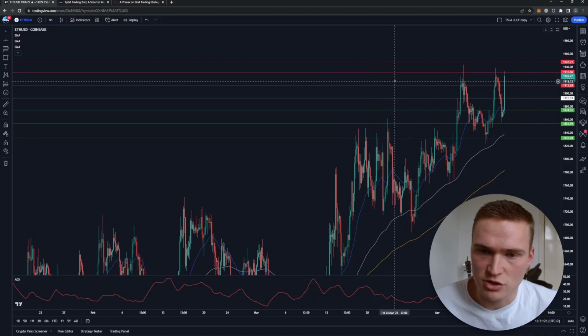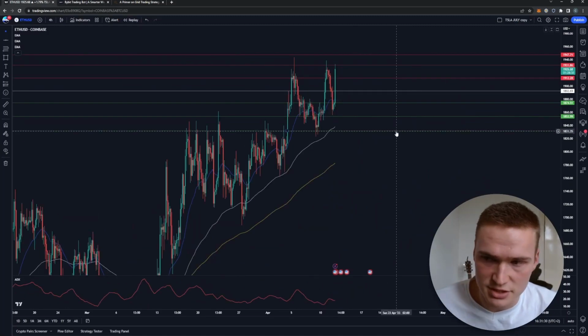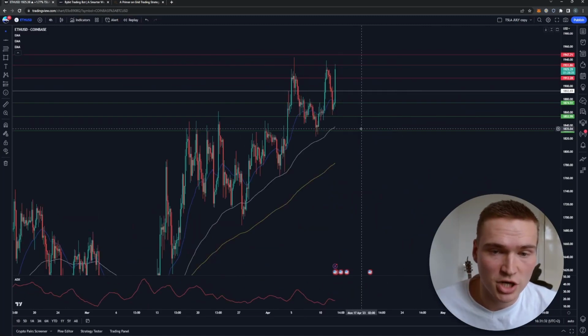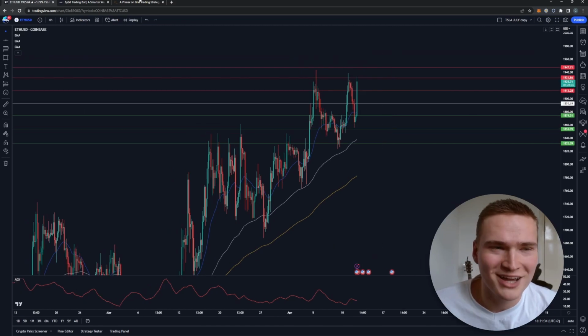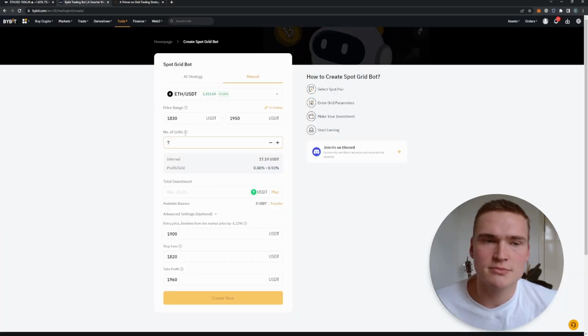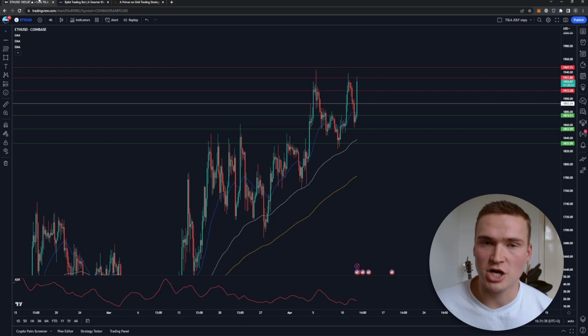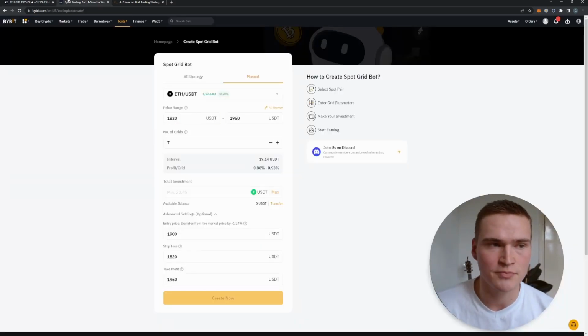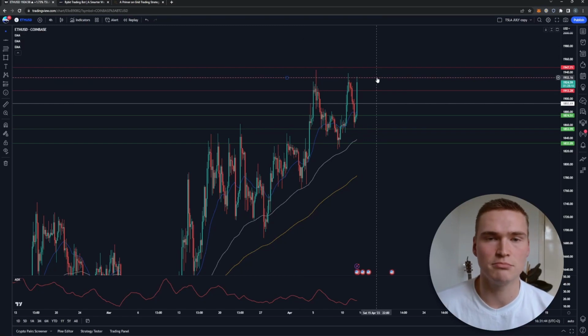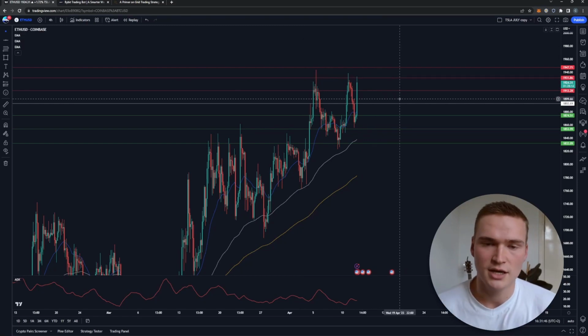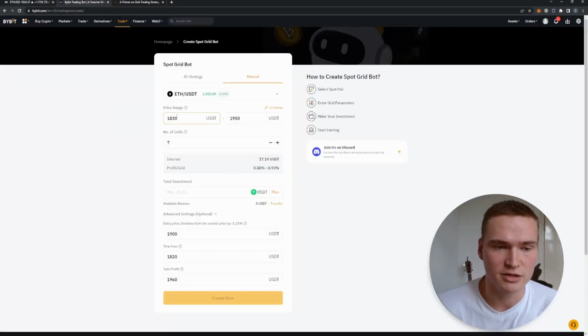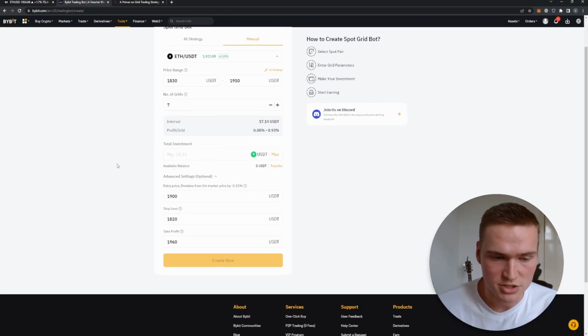Now I've chosen the range between 1830 and 1950 on the chart. This is what it would look like. Then you pick how many grids, so you divide the range into subsections. If you choose 7 grids, you basically have 7 different levels within that area. The area will be divided into 7 equal parts.